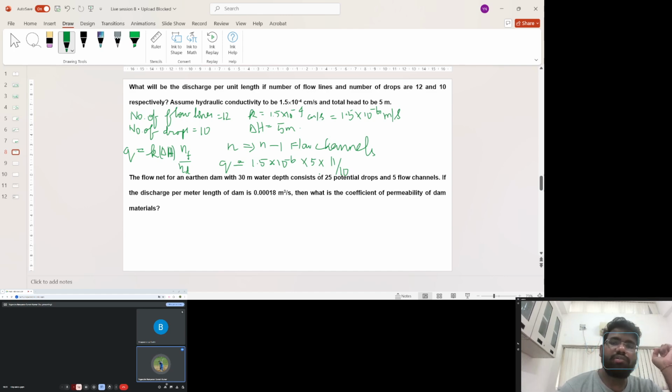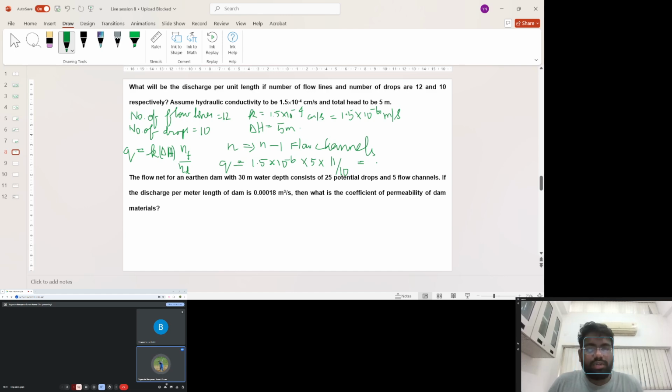So if n flow lines are there, then it will be n minus 1 flow channels. So hence it should be modified accordingly. So please take care of these intricacies when you encounter such problems.